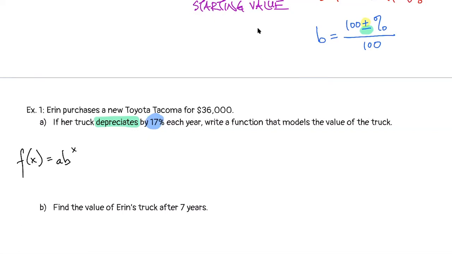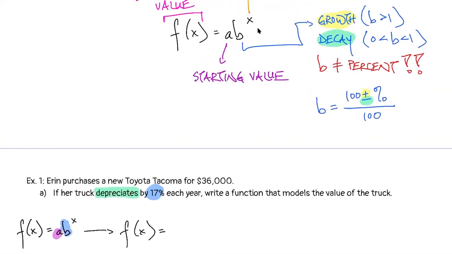So in order to write my equation, I need to fill in a value for a, and I need to figure out a value for b. And those are the only two numbers I need to plug in. So f of x equals a, according to our notes from earlier, is the starting value.